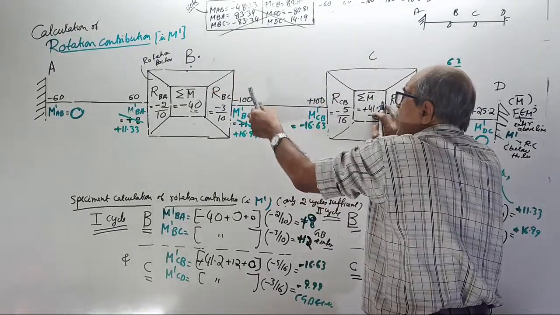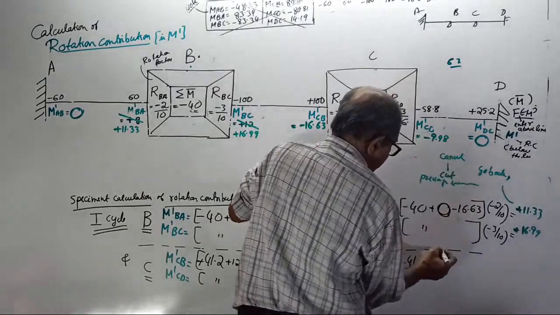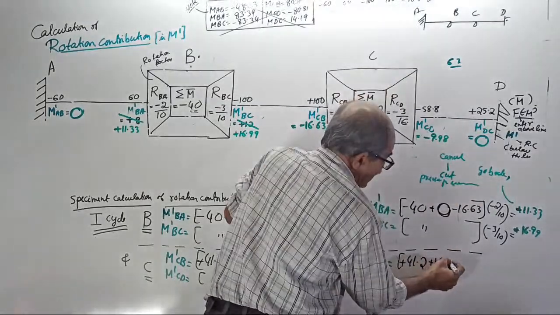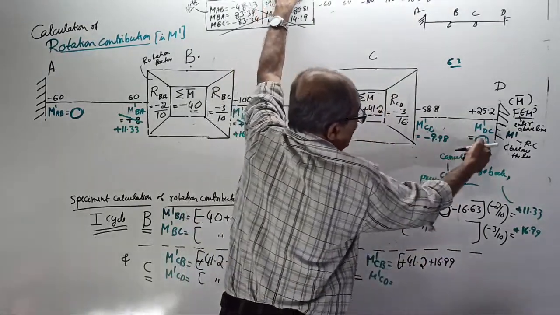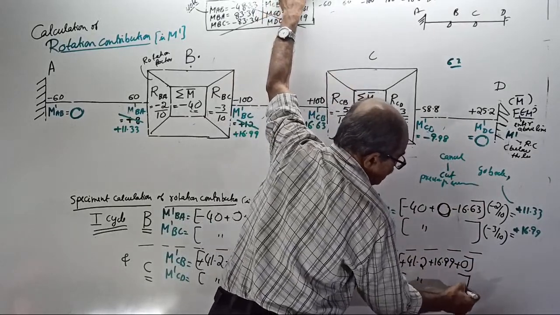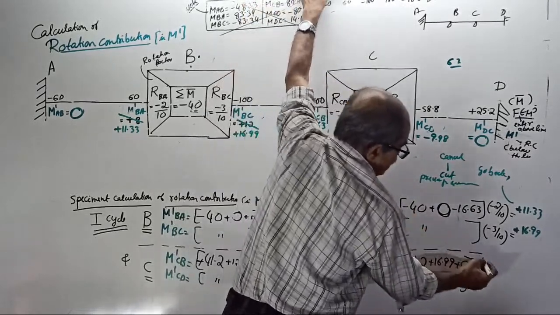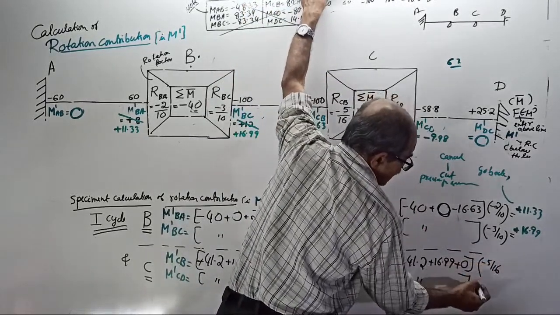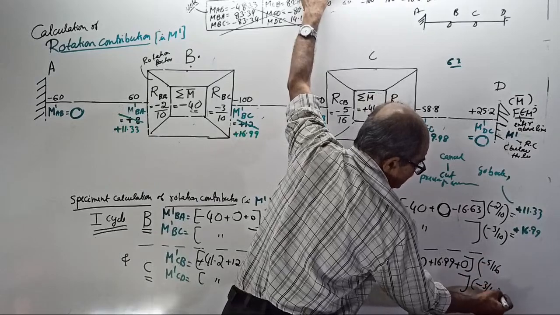Last time you took 12, now it is plus 16.99 new value. This side far end is 0. Multiply by here minus 5 by 16, here minus 3 by 16.